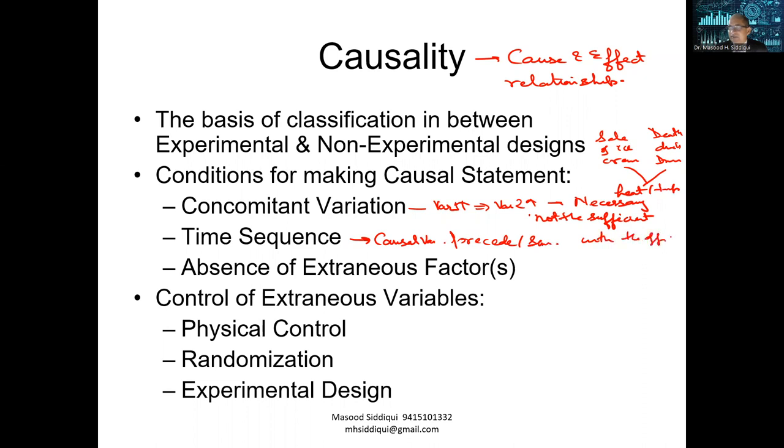Means the causal variable should not occur after the effect variable. Right? So it may be possible that something happens after some other thing. It is possible that there may be some random causes, or some random matching, or something that is not at all related, but it is just a random fluctuation because of which we can observe any time sequence.